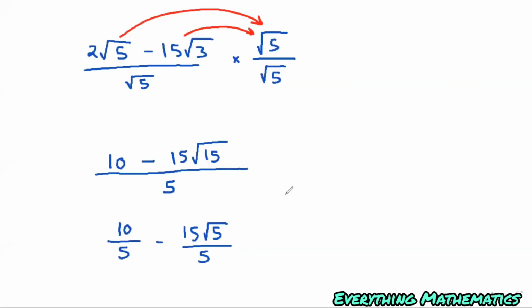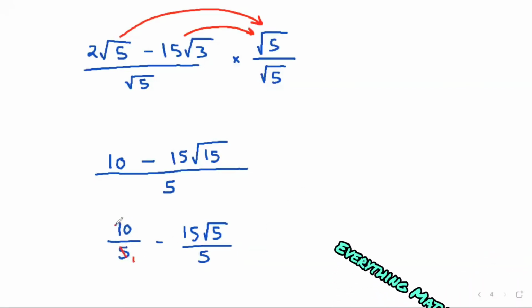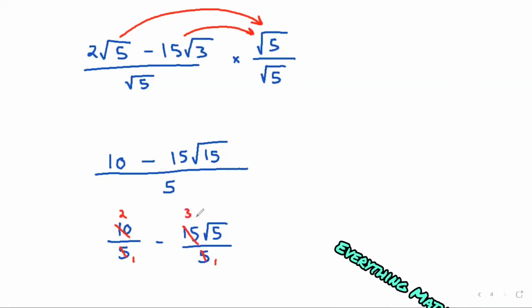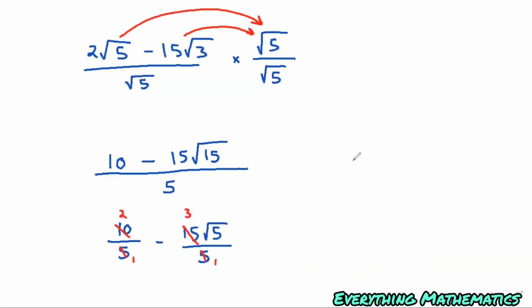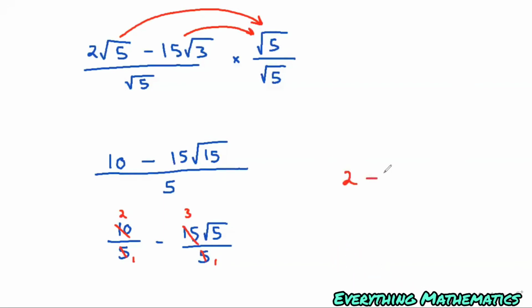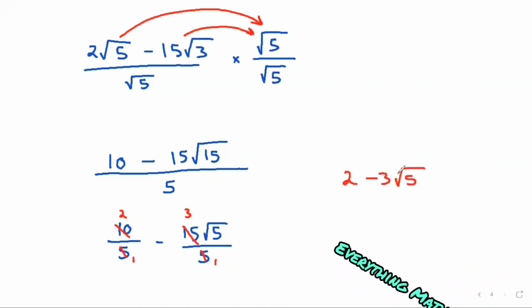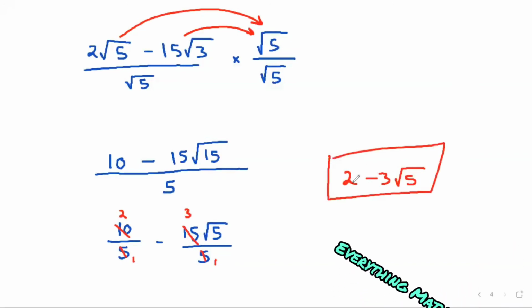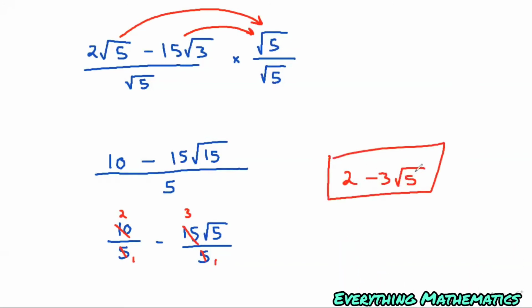So 5 could go into itself once, and 5 could go into 10 twice. 5 could go into itself once, and 5 could go into 15 thrice. Thrice is what? 3 times. So that will leave us with a final answer of 2 minus 3 root 15. Oh, that actually worked out interesting. I didn't see that one coming. So yes, this here would actually be our final answer. 2 minus 3 root 15.